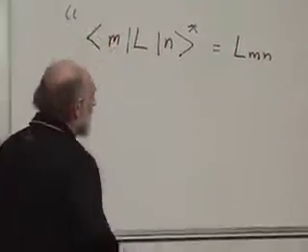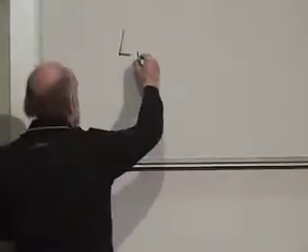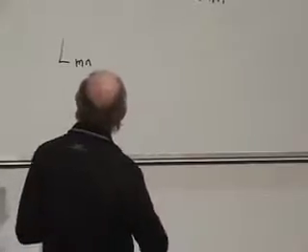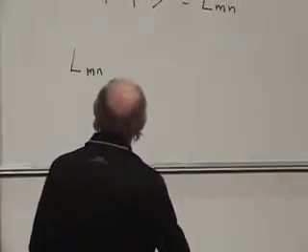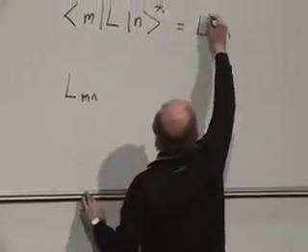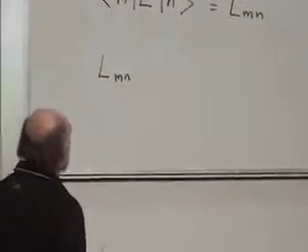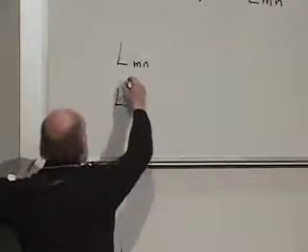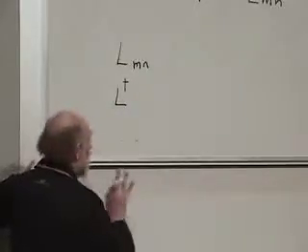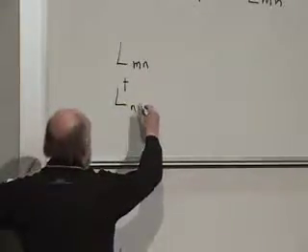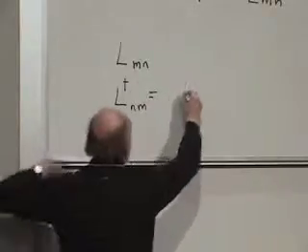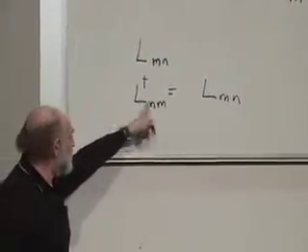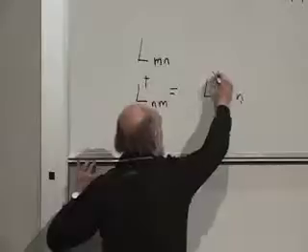So here's the rule. If you have an operator LMN, and what you want is the matrix elements of the Hermitian conjugate, LNM, then all you do is take the original operator, interchange rows and columns, which is the same as interchanging bras and kets, and complex conjugate.